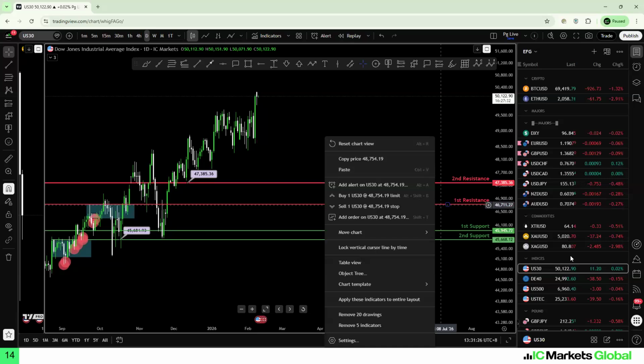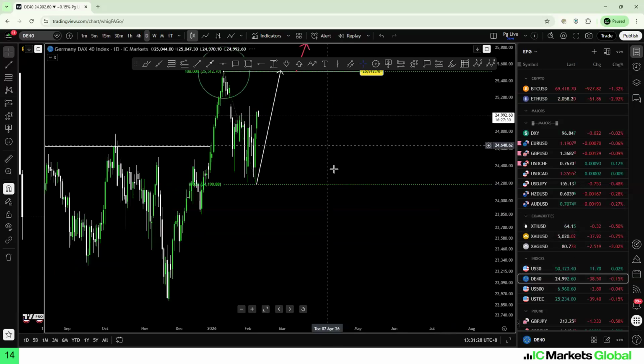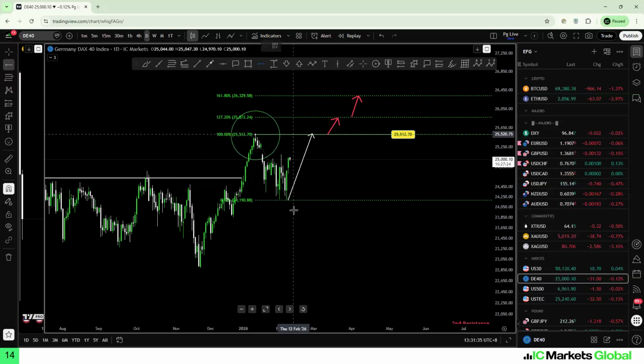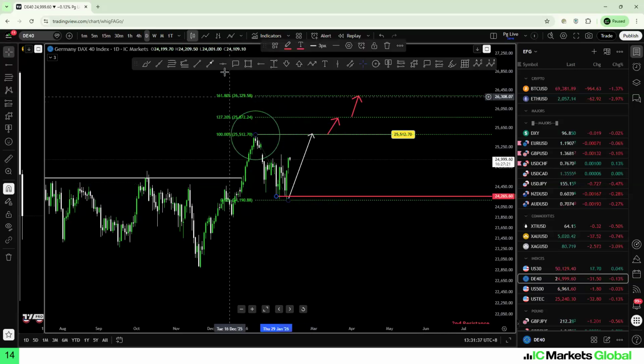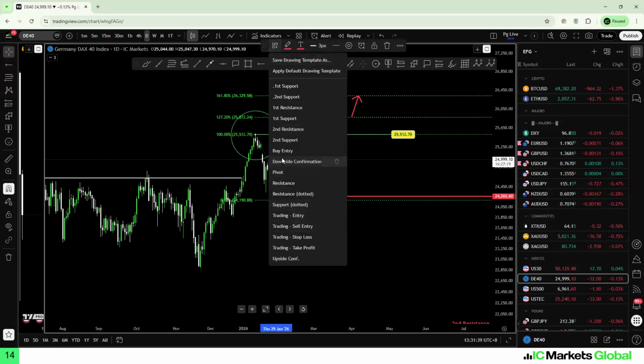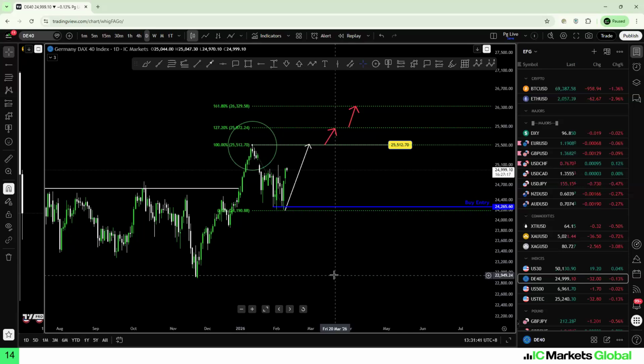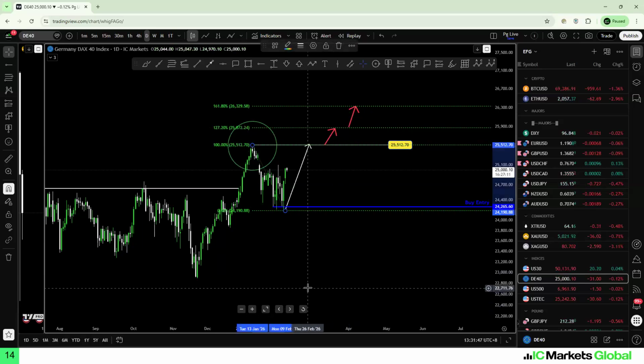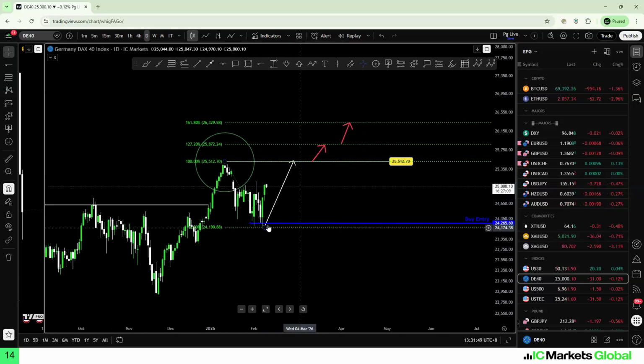Let's just say we look at this, for example. So now, we buy at this retracement. Basically, this is our buy entry, for example. And let's say price rises at least to this 100% swing.